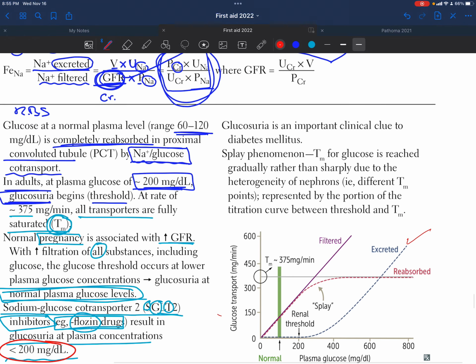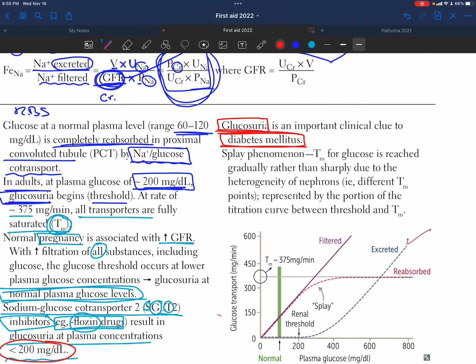Glucosuria is an important clinical clue to diabetes mellitus. Of course, it will help us know if someone has started to have diabetes if we see glucose in the urine, which under normal conditions we should not see unless it's a pregnant woman.